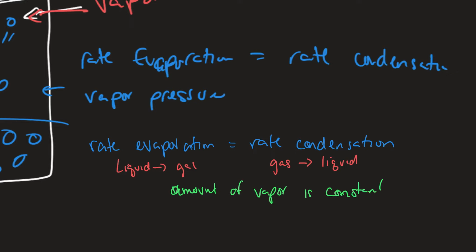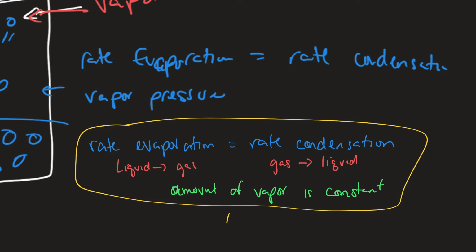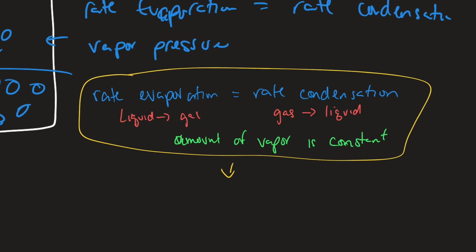This means that this process is what we call at equilibrium, because we don't have a change over time. The amount of liquid and the amount of vapor doesn't change, even though it's constantly moving, because it's doing it at a constant rate.